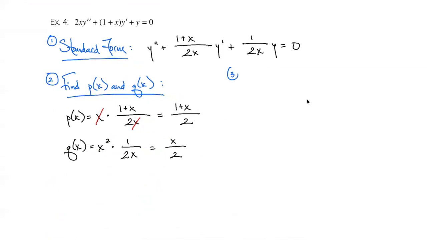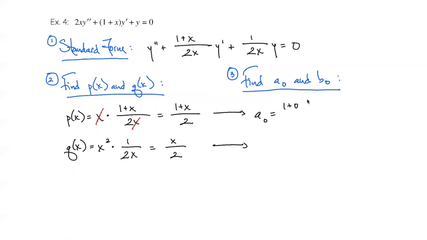So third step, we're going to find our a sub 0 and our b sub 0. All that means is we're going to take each one of these, plug in 0, and see what we get. So a sub 0 is going to be 1 plus 0 over 2, which is 1/2. And b sub 0 is going to be 0 over 2, which is 0.